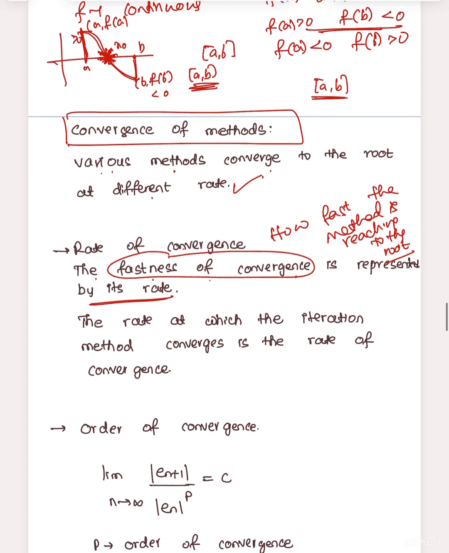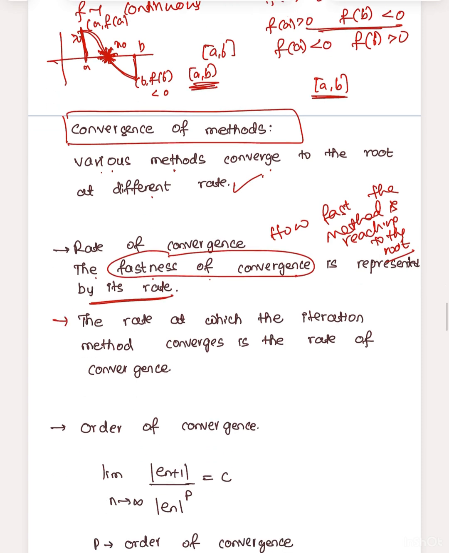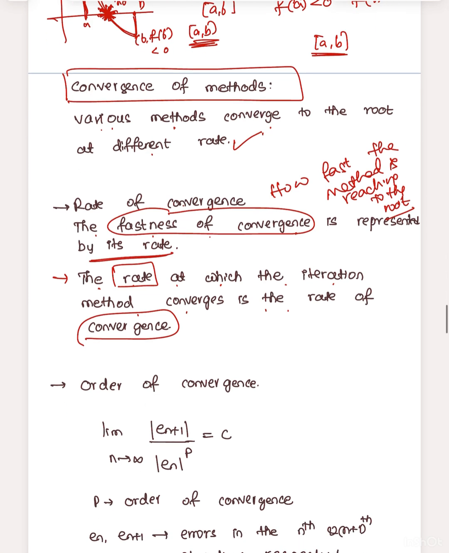The rate at which the iteration method converges is the rate of convergence. So in which rate the method is converging is the rate of convergence. That is given in terms of the order of convergence. So what is the order of convergence?